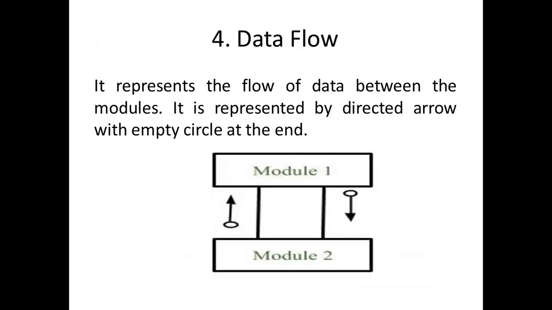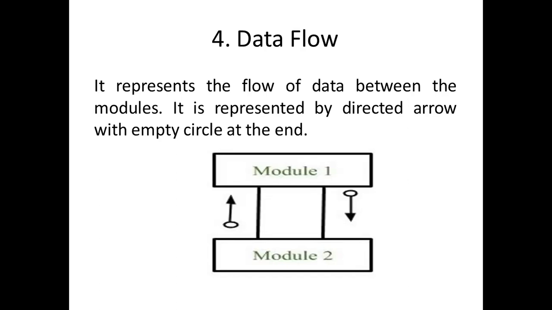Now, the data flow: how are we going to represent the data flow with the help of symbols? It represents the flow of data between the modules. In this diagram you can see we have only two modules, called module 1 and module 2, and how they are interconnected and how the data is flowing from module 1 to module 2.